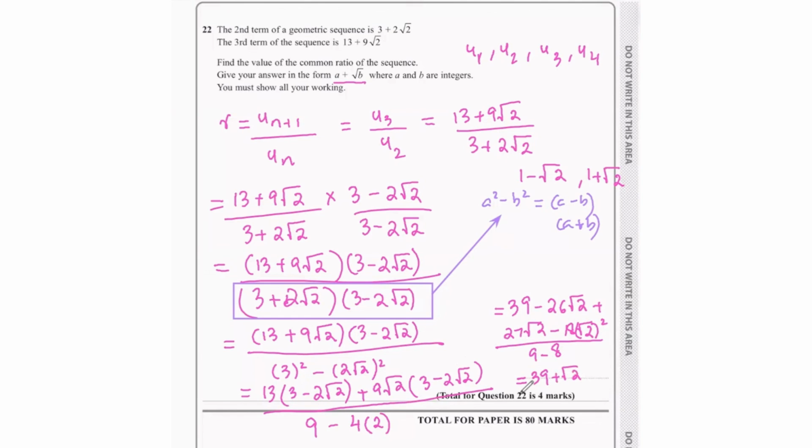And once again, the square of root 2 is going to be 2. 18 times 2 is 36, over 1, which I'm going to continue with, which is going to be 3 plus root 2. That is your answer. Because 39 minus 36 is 3, and root 2 comes as it is, and 3 plus root 2 divided by 1 is 3 plus root 2.